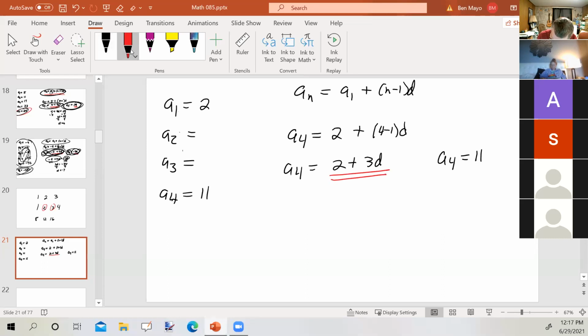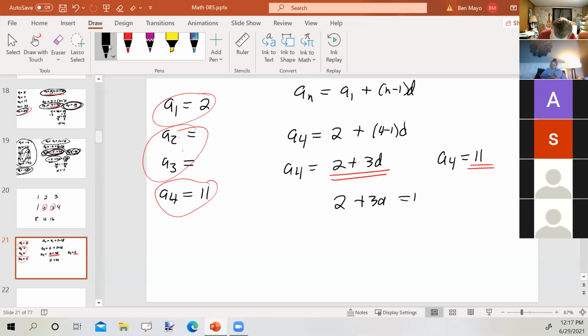Therefore, 2 plus 3d equals 11. So the only thing that was different about this problem than the last one is they gave me the last term, but I didn't know what term in the sequence it was. So I had to figure out, well, we've got the first term, 2 arithmetic means, so that's 1, 2, 3. Oh, it's the fourth term.